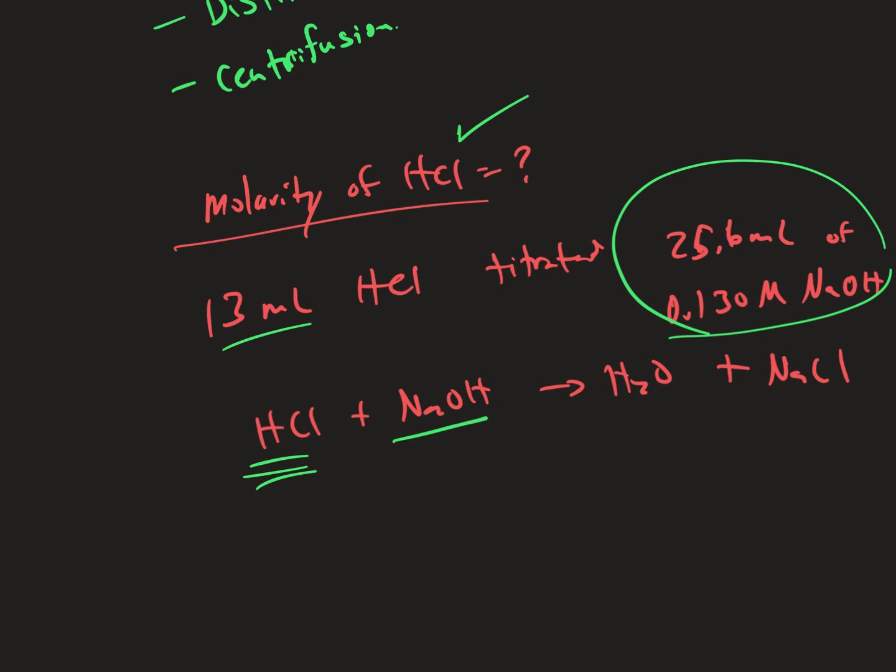Do you want to finish this, or you good? I just wanted to see the steps, but that makes a lot of sense. Always start with, how do you know if you start with the acid or the base? Whichever one you have all the information for. And then you can convert it to the base or the acid using the mole-to-mole ratio.